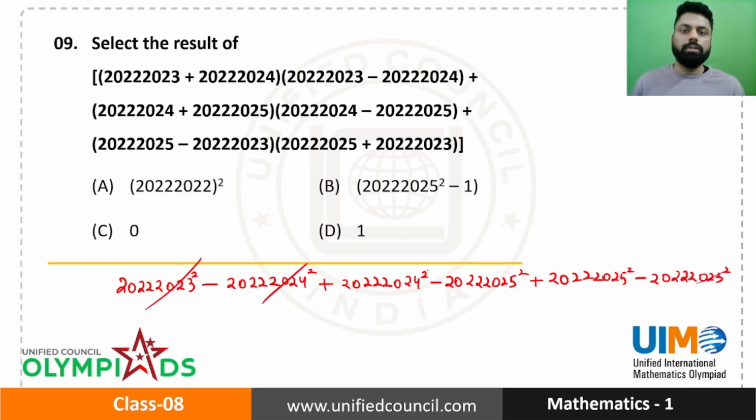This will get cancelled out, this will get cancelled out, this will get cancelled out, hence the value is 0. C option.